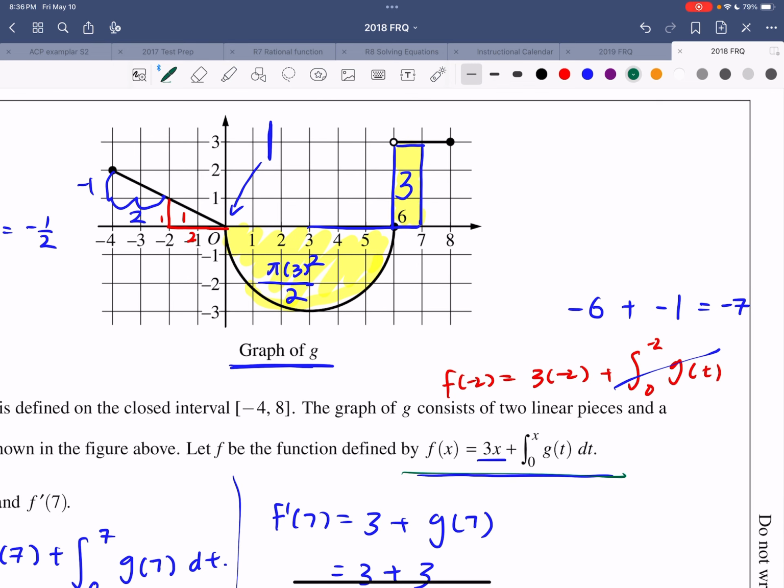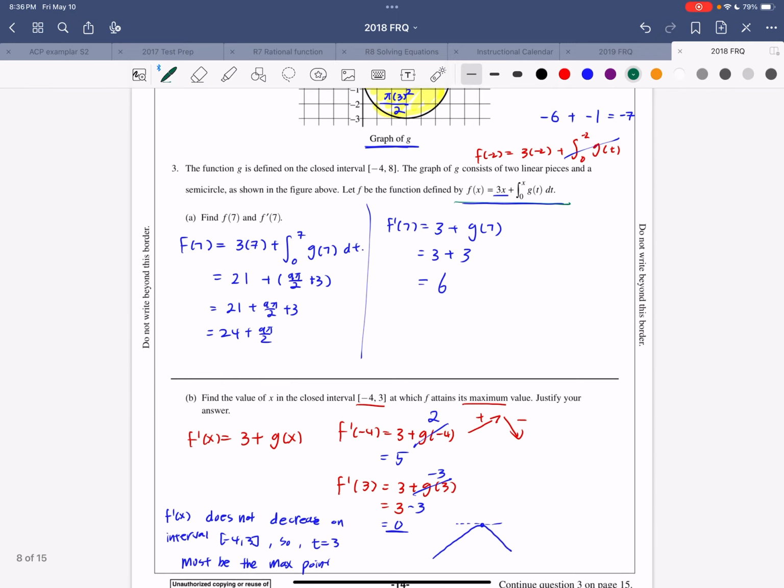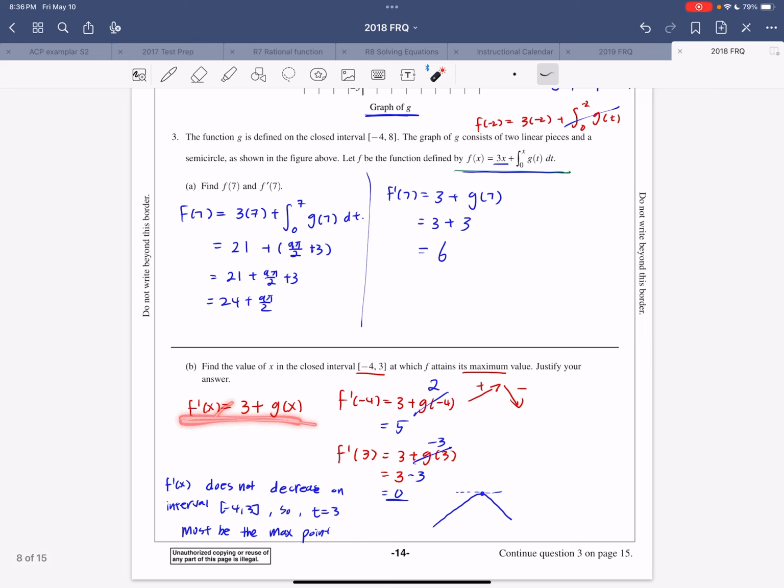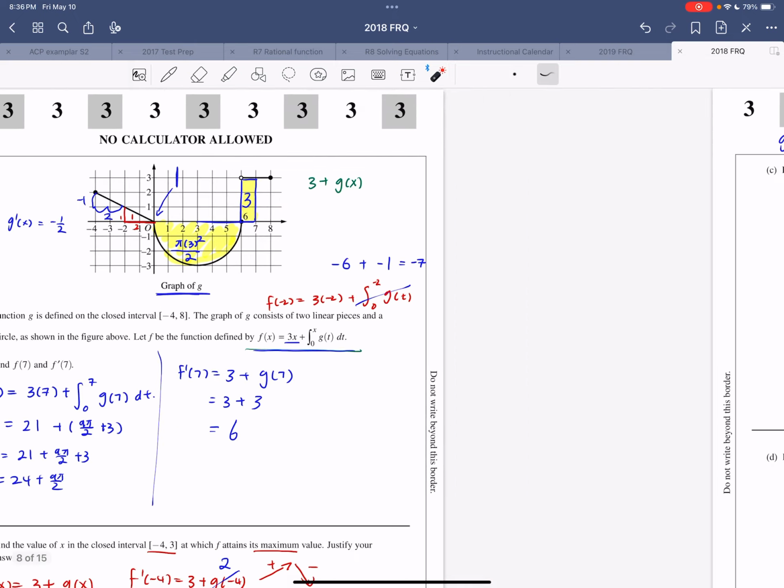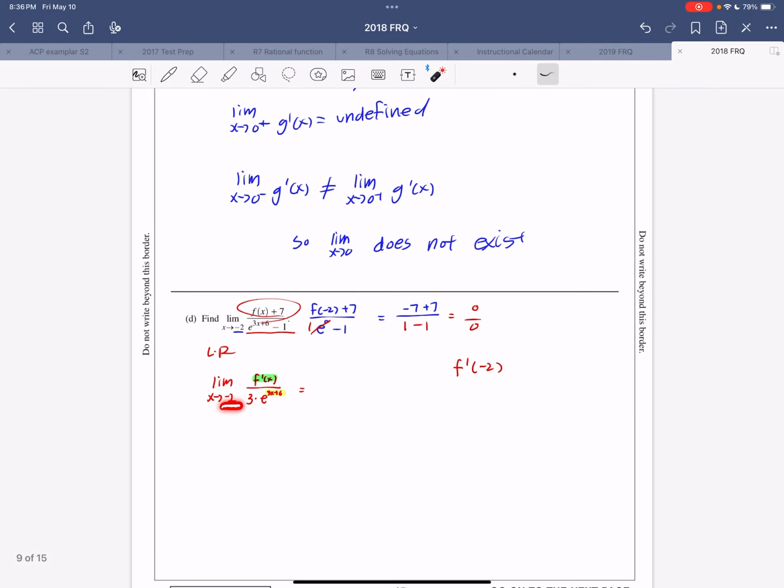We already know it's going to be 3 plus g of t, like g of x, right? Because we already got the derivative here. We already know this one here. So when you differentiate it, the antiderivative and derivative undo each other, so you only plug in x here. So we got this, but we are looking for the limit at negative 2.